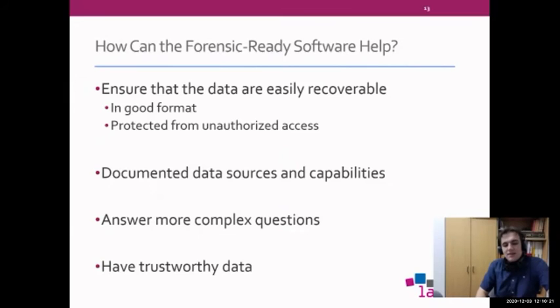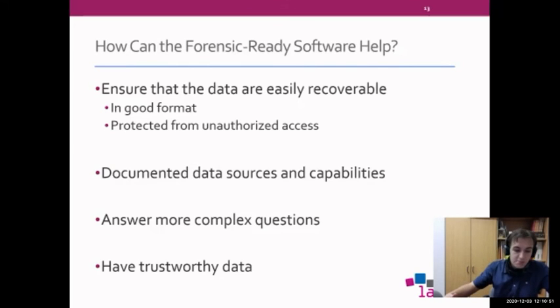So how can forensic readiness software help with these problems? It can ensure that the data are easily recoverable in a good format and protected from all unauthorized access. A standard form of this data collection or recovery would certainly help the investigators after the incident did happen. The systems should also have documented data sources and capabilities.